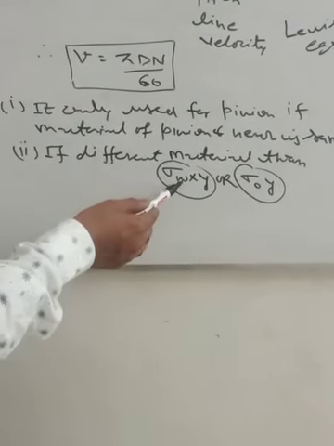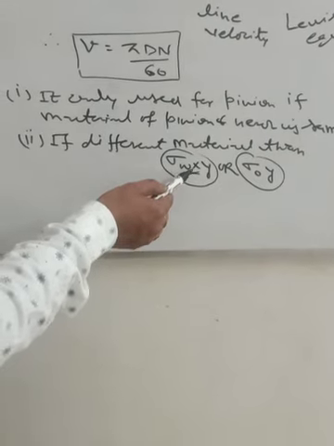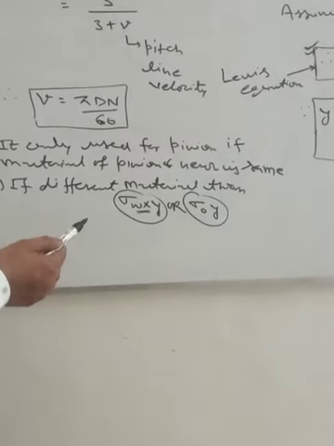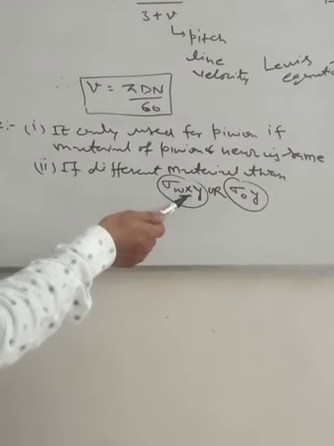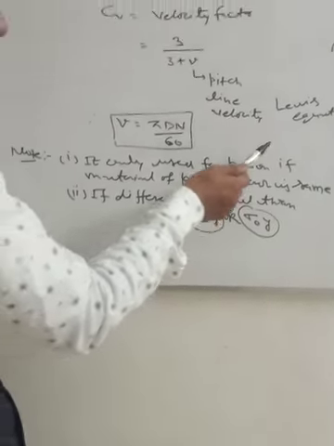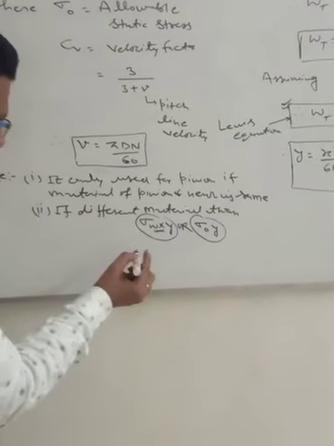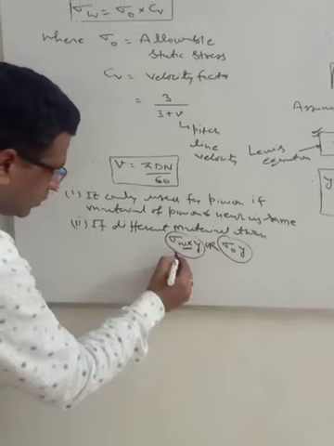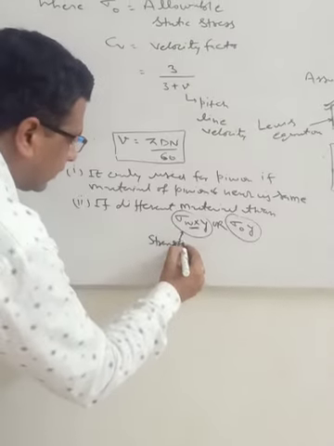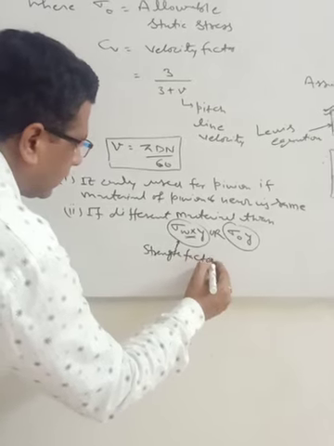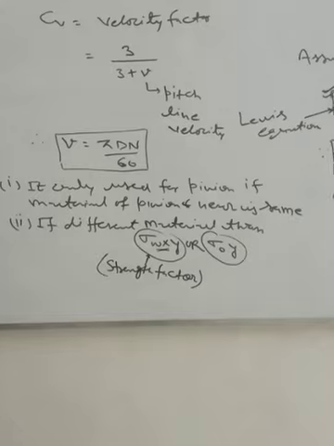For example, if the lesser value of this product is for the gear, then we have to apply this Lewis equation for the gear, and if the value of this product is less for the pinion, then we have to apply this equation for the pinion. This product is also known as the strength factor.